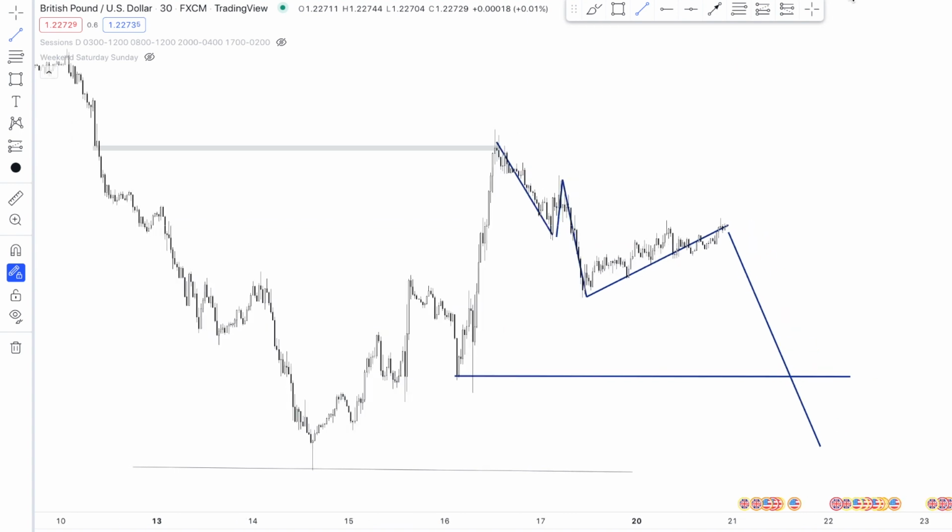Okay, so looking at this, we want price to show us, based off of this structure that brought us into our point of interest, that number 2 would be when structure reaches a point of interest at a 50% retracement, you want to identify the last low and wait for that to break.